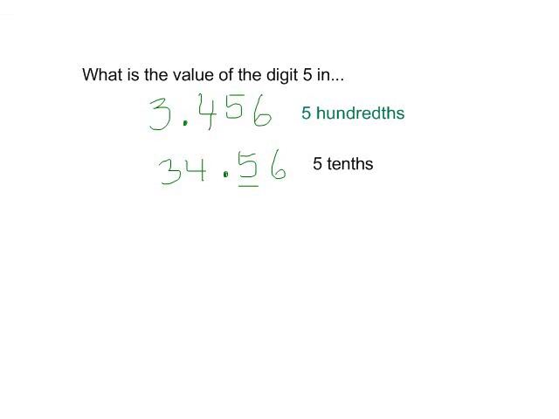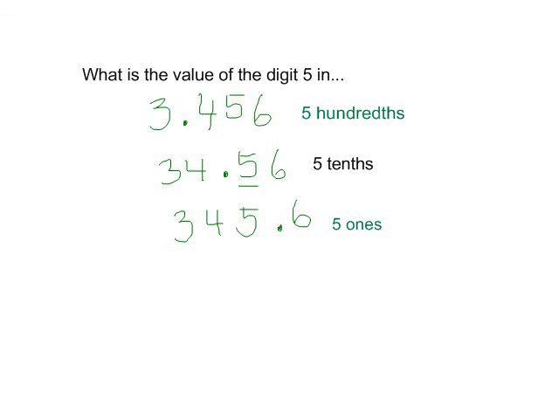Now, let's look at the number 345.6. What is the value of the digit 5 in 345.6? That's right, the answer is 5 ones.